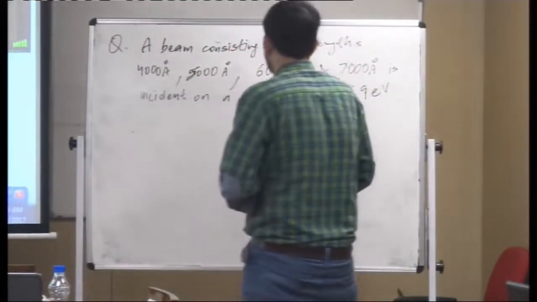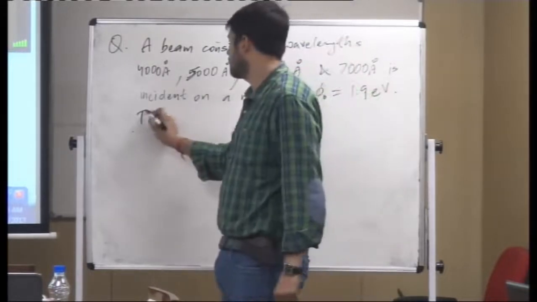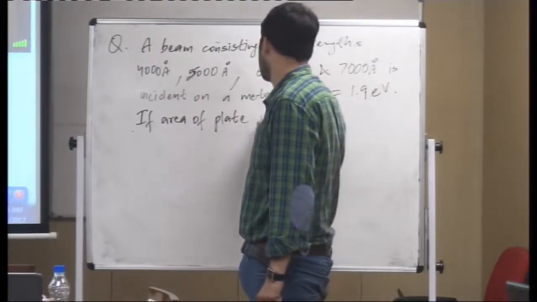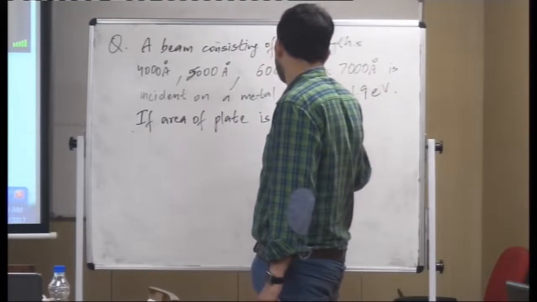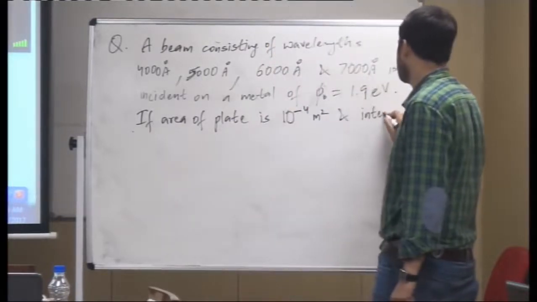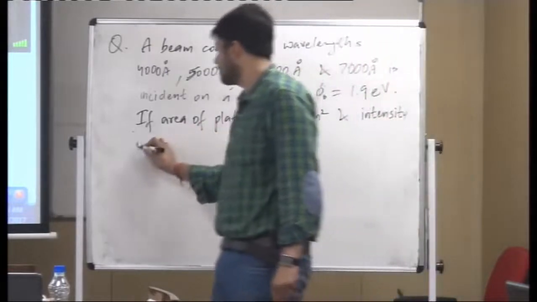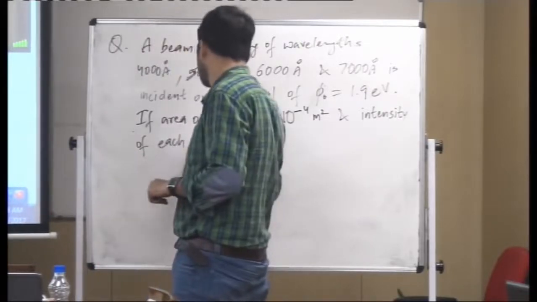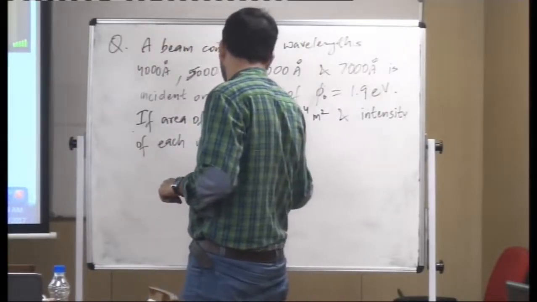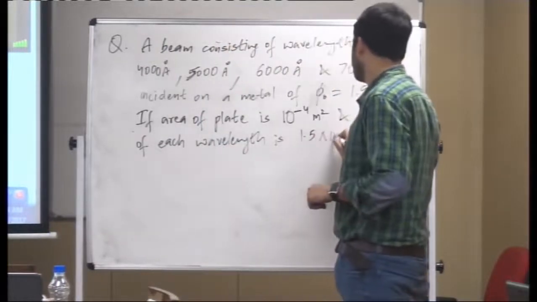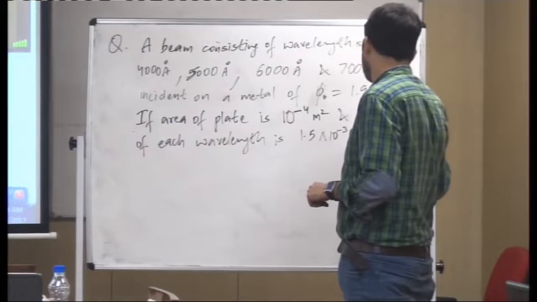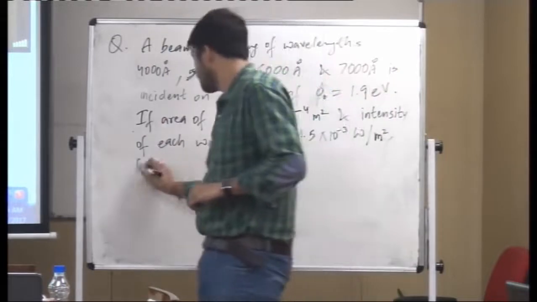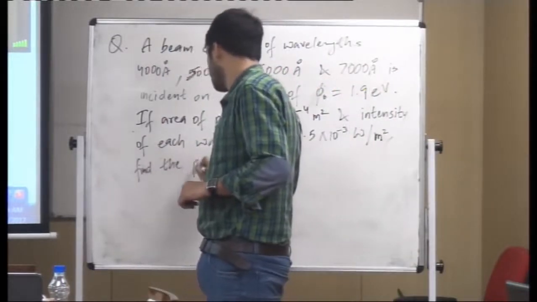If area of plate is 10 raised to power minus 4 meter square and intensity of each wavelength is 1.5 into 10 raised to power minus 3 watt per meter square, find the photocurrent.